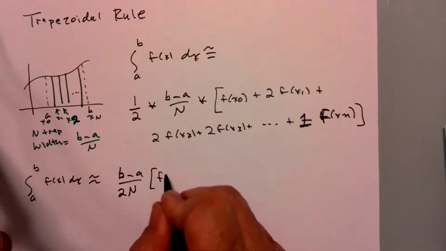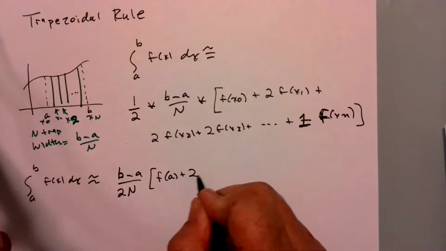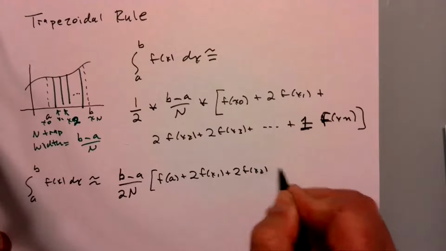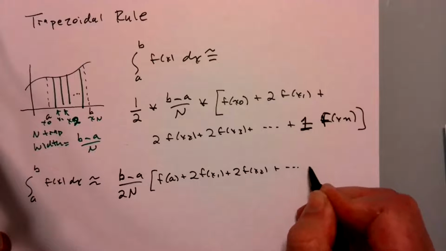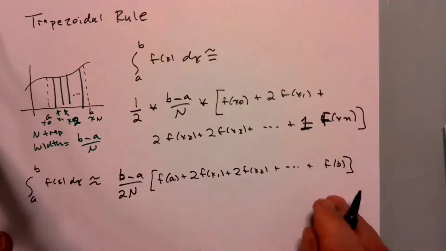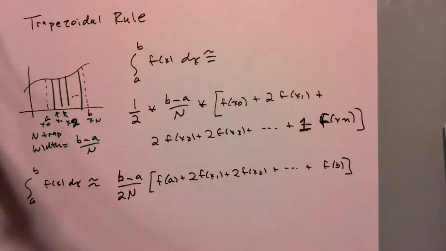And then we have f of x naught, which is f of a, plus 2 times f of x1, plus 2 times f of x2, plus dot, dot, dot, plus f of b at the end. So 2's in the middle, f of a and f of b at the ends.